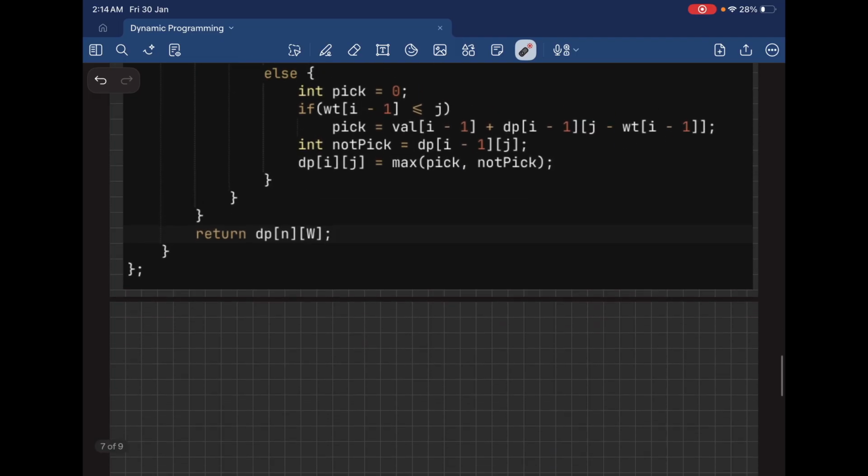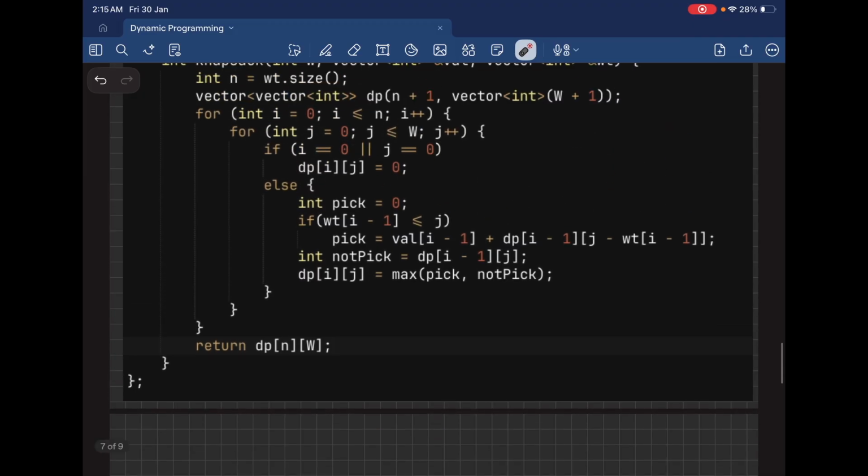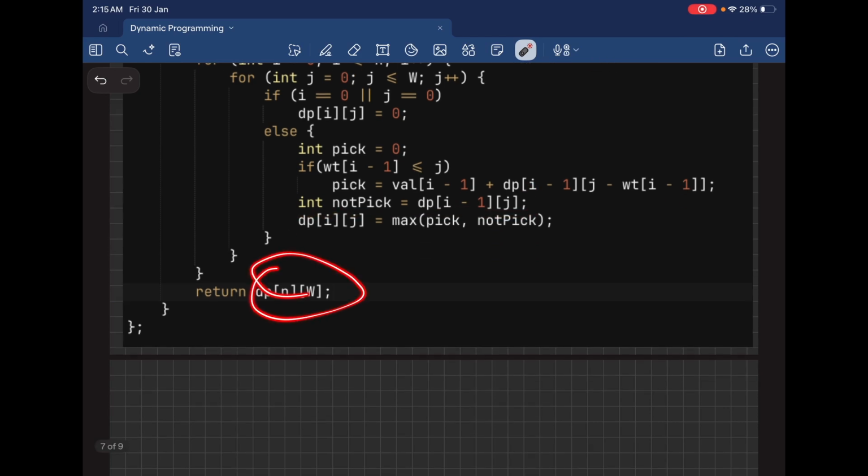For every position of I and J, we are picking whether we are gonna take the item that we are currently on. For pick, we're gonna take the item we are on and the maximum possible we can get before that, or we're not gonna do that and we are picking the maximum. That is the basic idea, and at the end we are returning the final value.